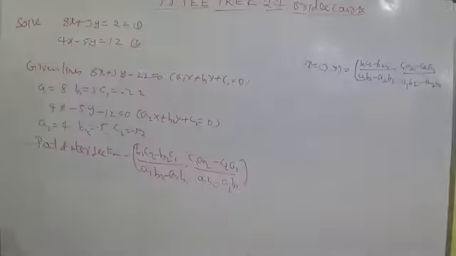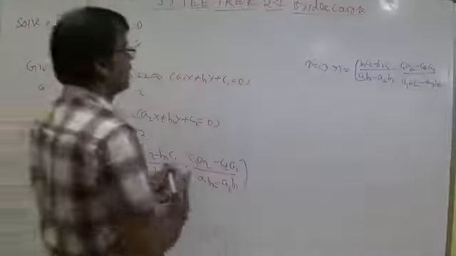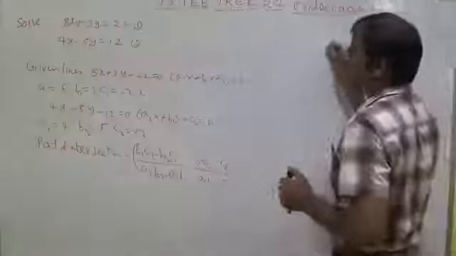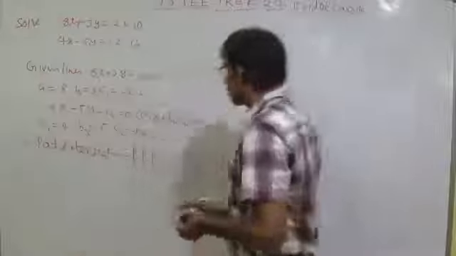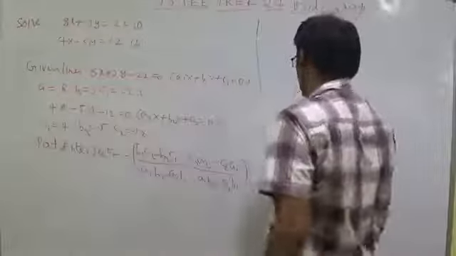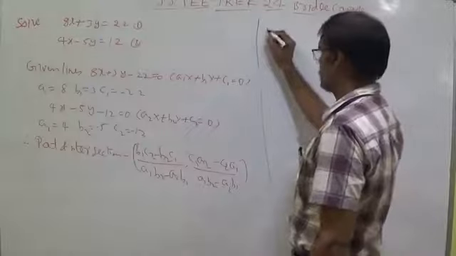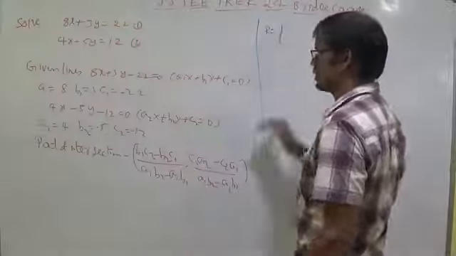Whatever the values A1, B1, C1 are, I have written each and every value. So depending upon this formula, I am substituting the values and getting the result. Point of intersection P we can put.